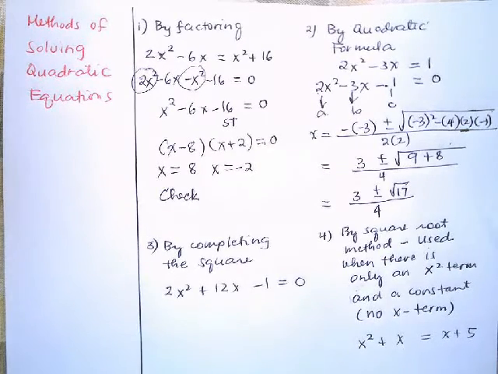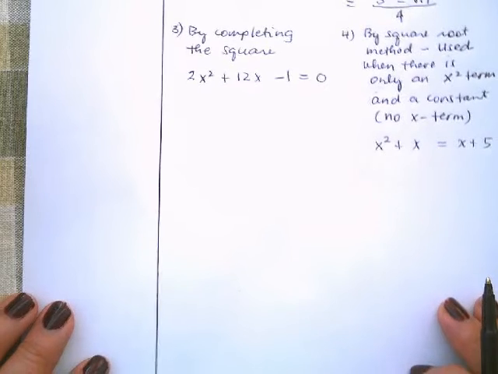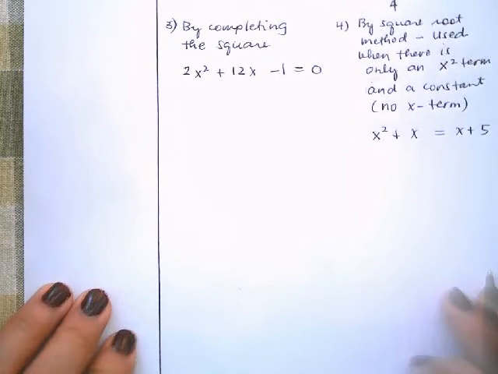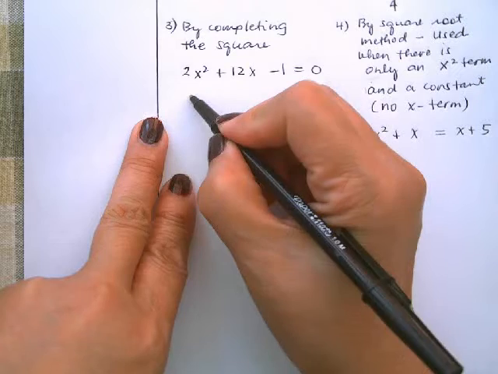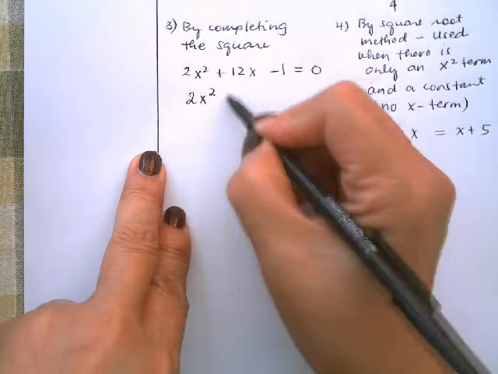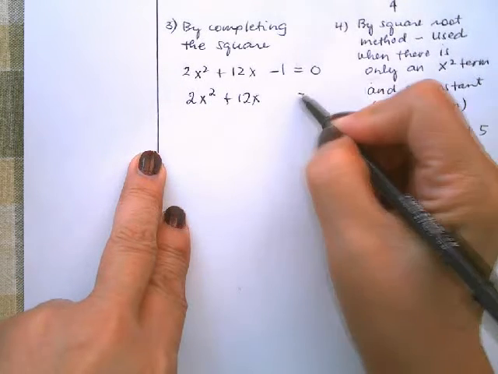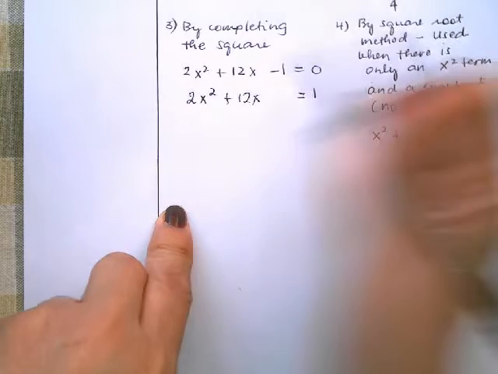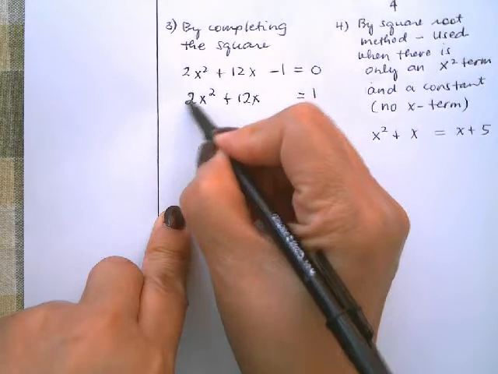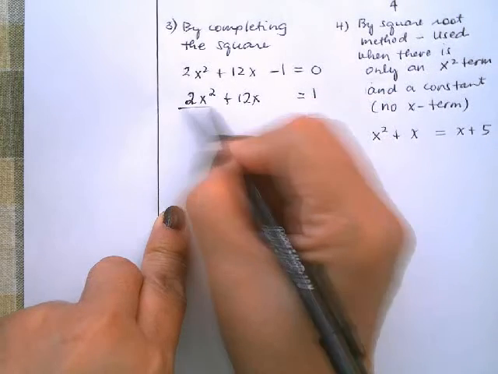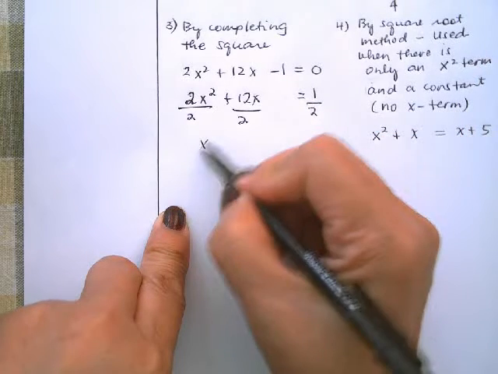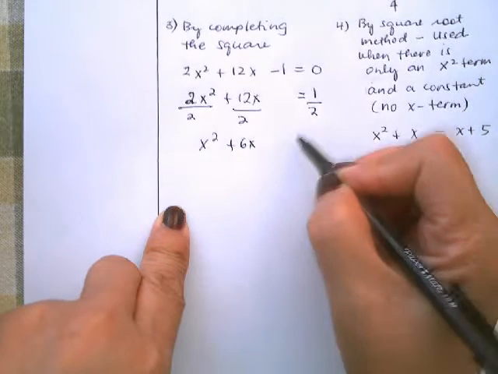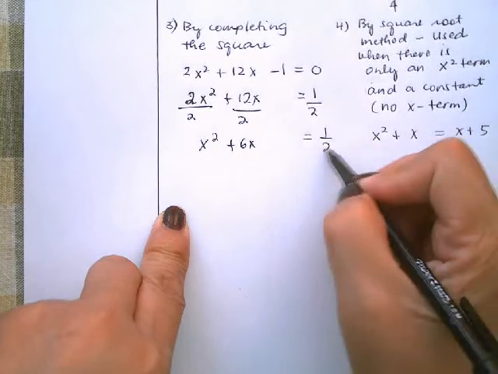By completing the square, again, pause this video and try to solve this by completing the square. First step, you make the right side equal to the number. Step 2, divide by the coefficient of x squared. In this case, it's 2. So we divide everything by 2. So that becomes 6x is equal to 1/2.